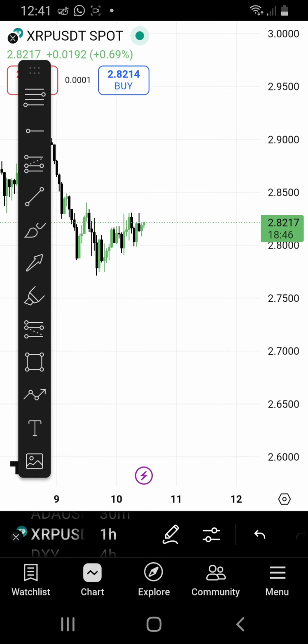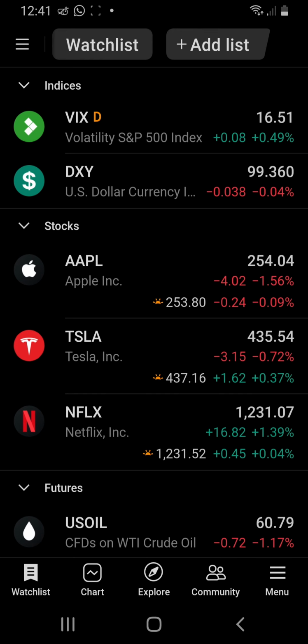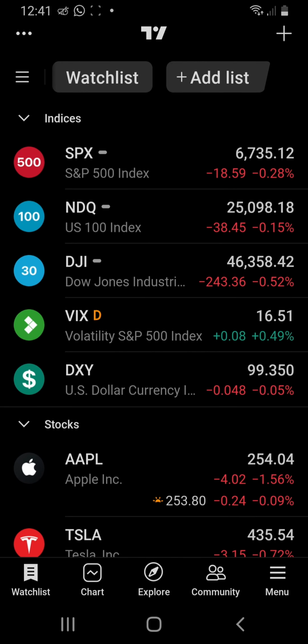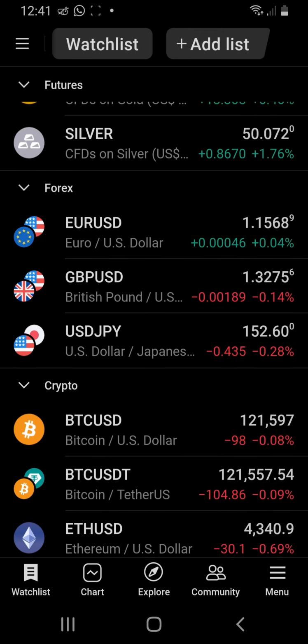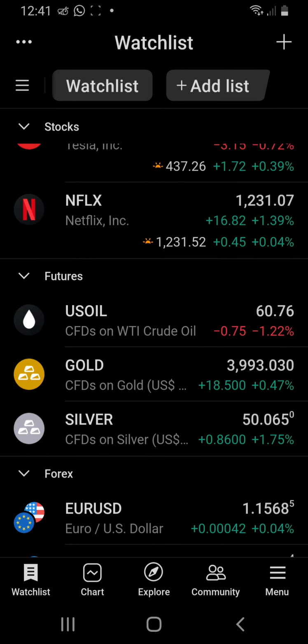Before we enter here, you have to know what we call a watchlist. A watchlist is a place where you add the specific coins that you always trade, or that are in your plan. Like now, I trade BTC, I trade XRP, I trade others, many, like 5 to 7 coins.